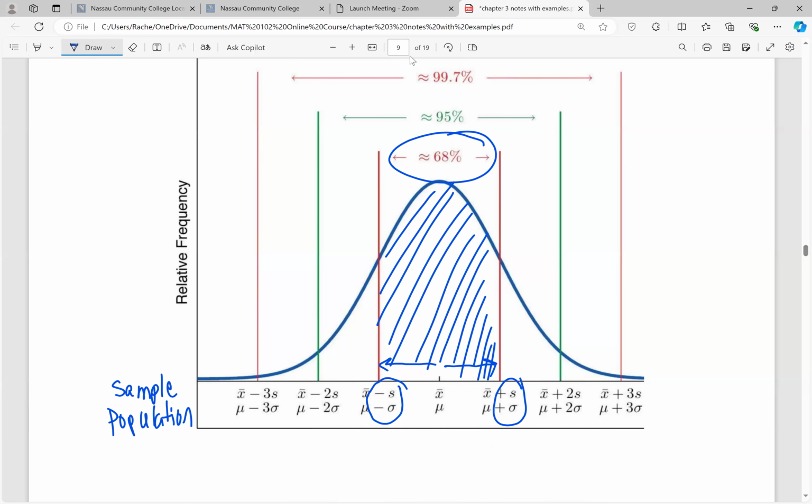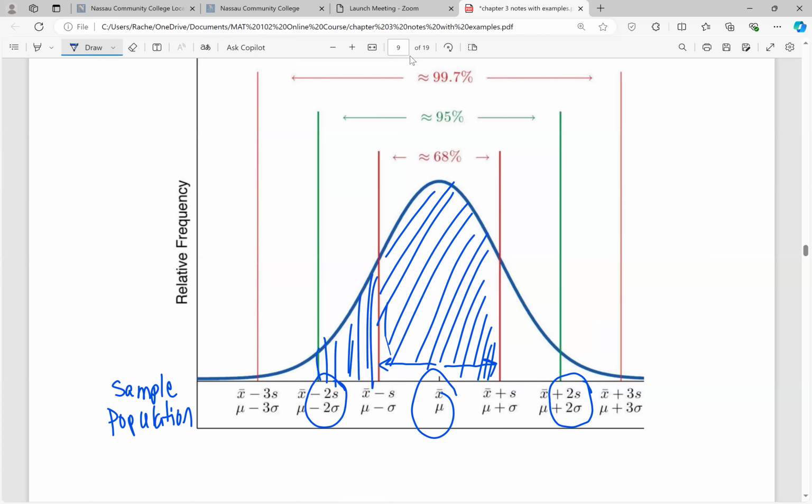Now, suppose we were to add two standard deviations to the mean. What if I took the mean and added two standard deviations, so either two sets of s or two sets of sigma, depending on whether we're working with a sample or a population, and then subtracted two standard deviations?